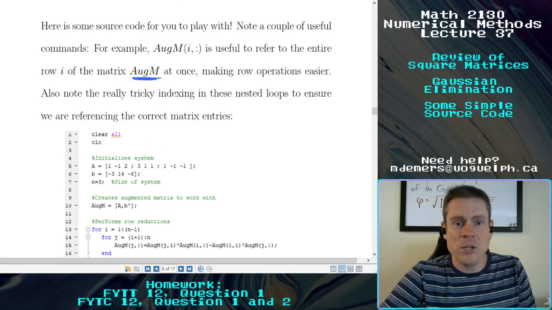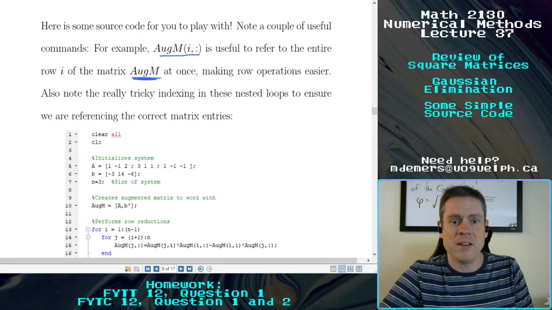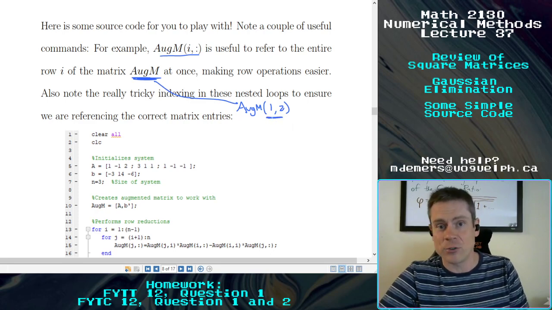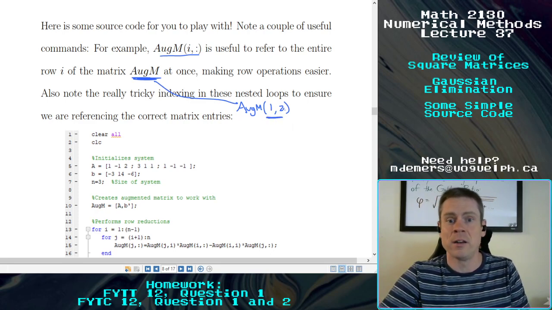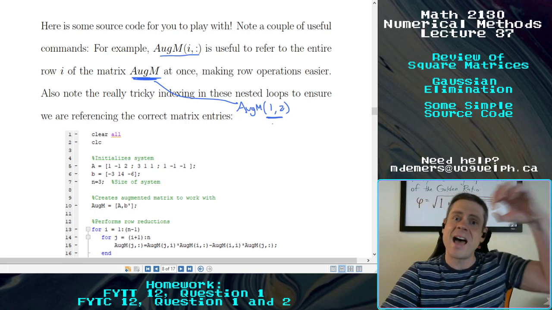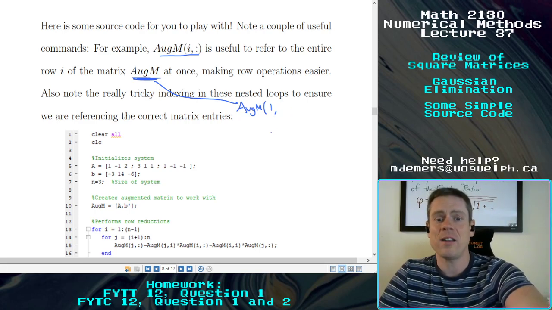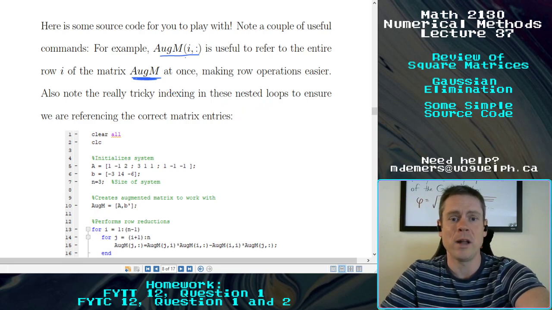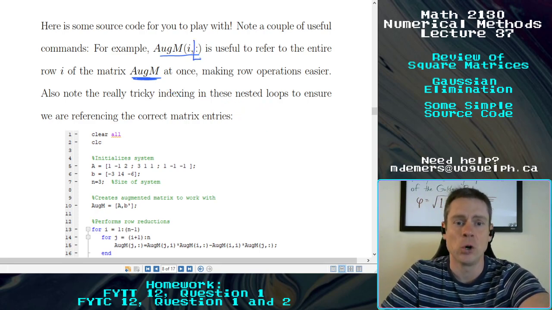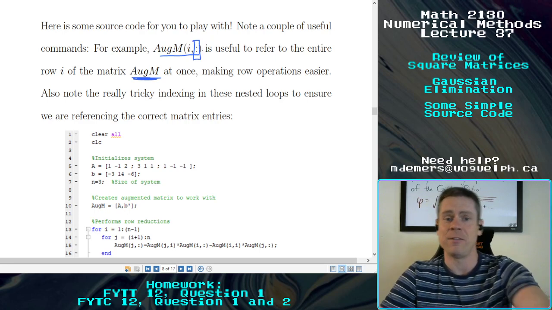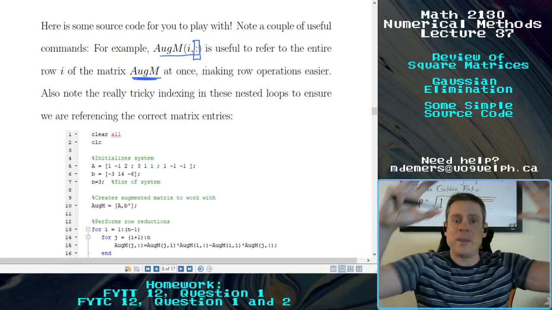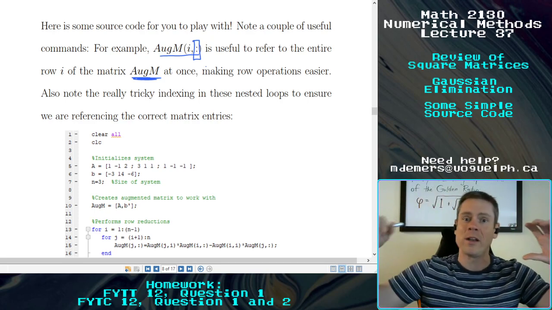basically, if I wrote aug_m(1,2), that's going to refer to a particular entry of the matrix, right? Row 1 and column 2, and give me that entry. But if I want to take an entire row all at once, I can put a colon in place of the particular column. What that does is it gives me an entire vector of values at once.